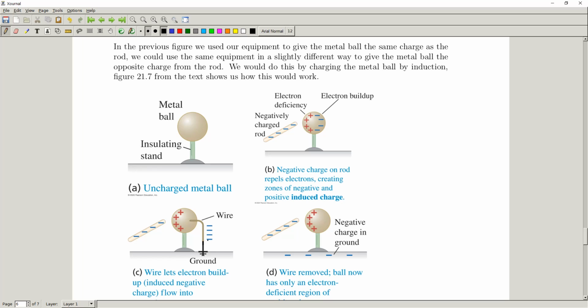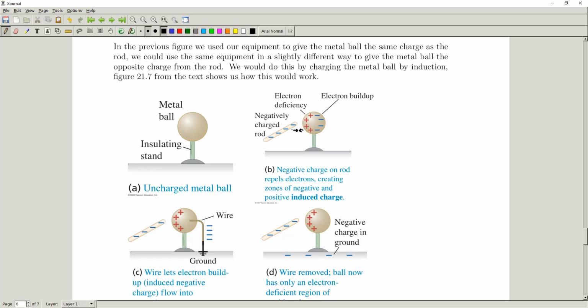Well, if we didn't attach this wire and we just looked at the forces at play here, what would we feel? These negative charges are farther away than these positive charges, right? So you're going to have some net attractive force between the positive charges on the left-hand side of this metal ball and the negative charges in our charged rod.